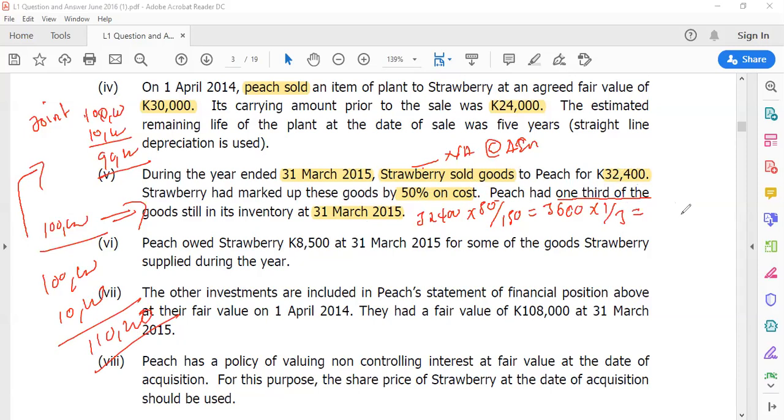When you multiply 2,400 by 50 over 150, how much are you getting? 10,800.